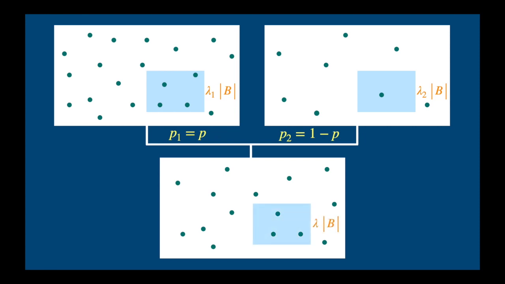It's not a Poisson process, by the way, but a mixture of Poisson processes, a mixture of two Poisson processes here. The lambda 1 and lambda 2 are the values of a random variable, so let's represent the random variable by capital Lambda.